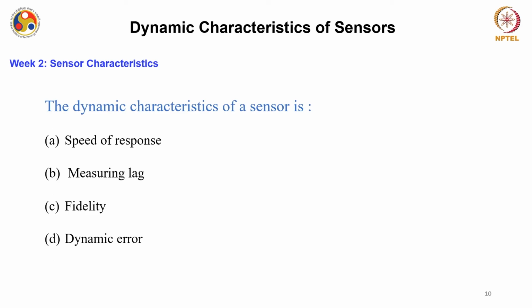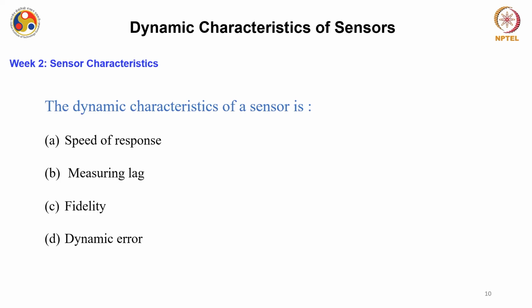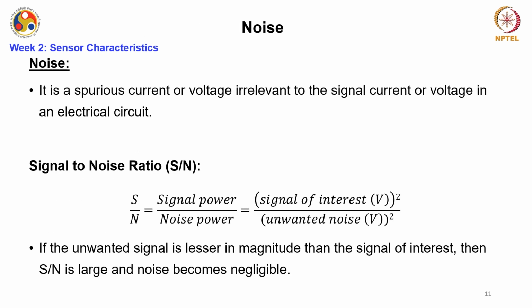The dynamic characteristics of these sensors were of 4 different types, including the speed of response, measuring lag, fidelity and the dynamic error. We have seen these dynamic characteristics of the sensor in a little detail.